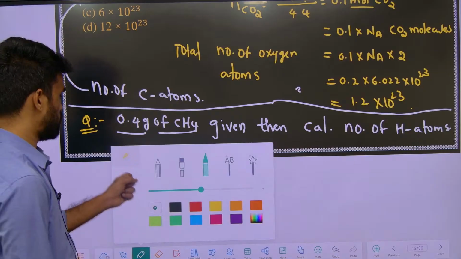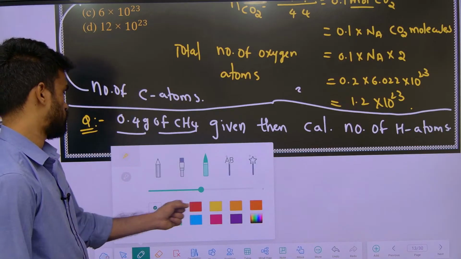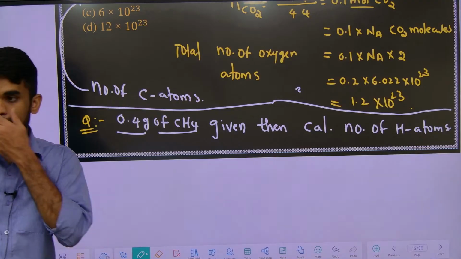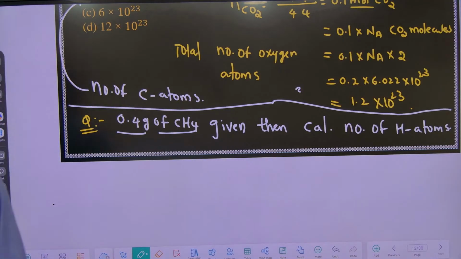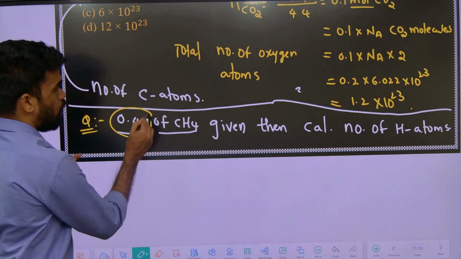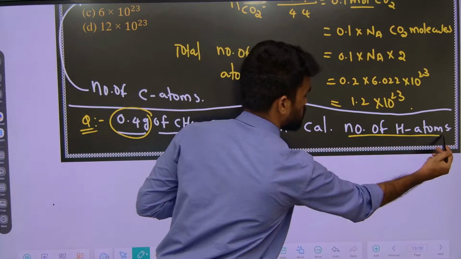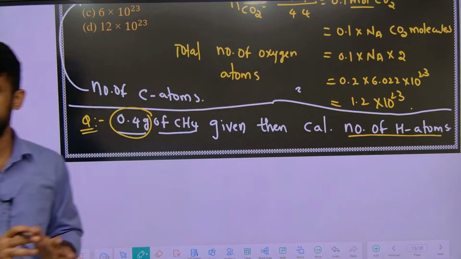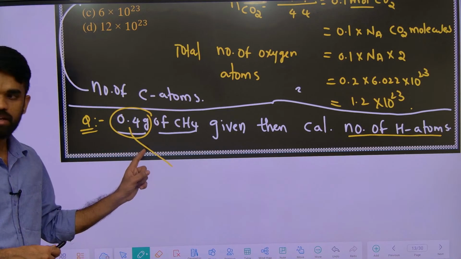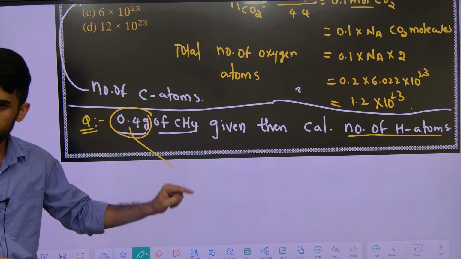Yes, you can try. First, don't get confused. Be clear. What is the data provided? How can I connect it to the number of atoms? Be clear with the data. So first, the given data is weight. Convert into moles.